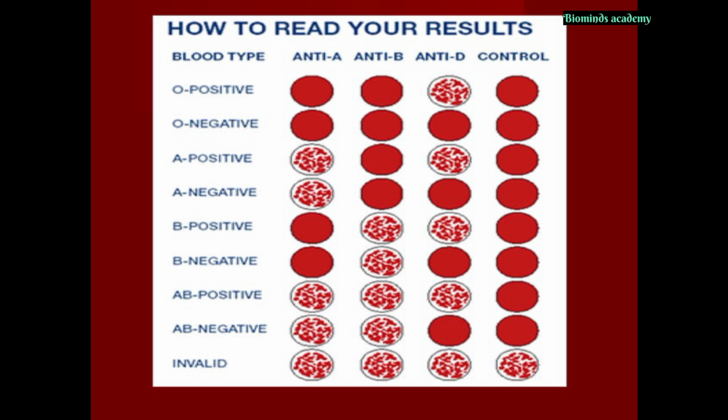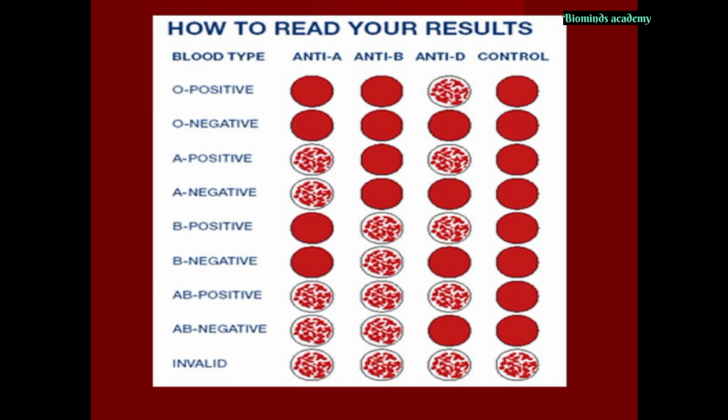In B positive, only anti-B and anti-D agglutinate, because anti-D is RH, and where RH is present the blood type becomes positive. In B negative, only anti-B has agglutination. In AB positive, agglutination occurs in anti-A, anti-B and anti-D, and in AB negative, anti-A and anti-B agglutinate.